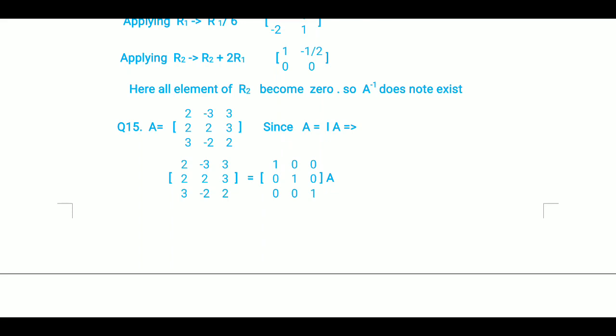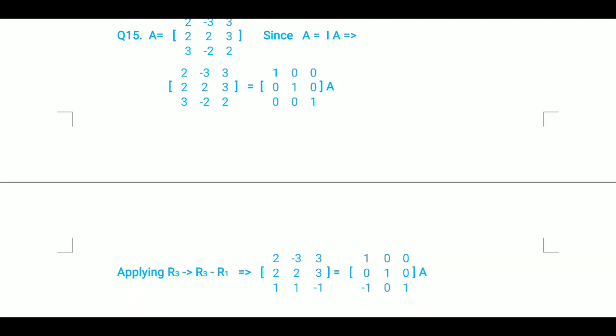Now for making lesser values, in column 1 we apply R3 becomes R3 minus R1. So the change will be only in R3. R1 and R2 remain the same on both sides.